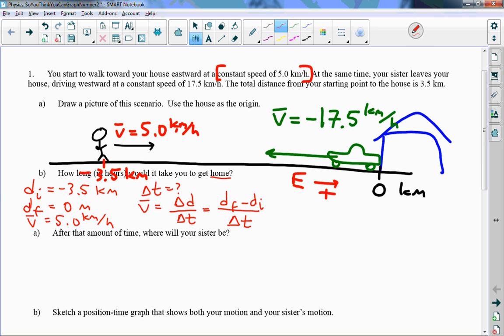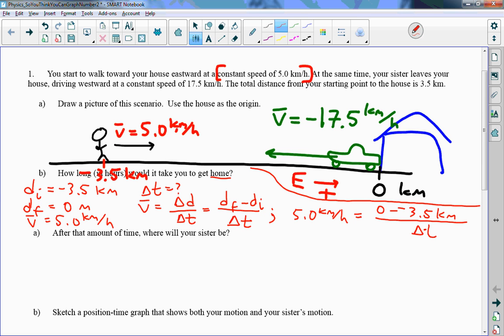When I substitute these in, I have 5.0 km per hour equals 0 minus negative 3.5 km over delta t. Then I multiply both sides by delta t, and divide both sides by 5.0 to get my answer.